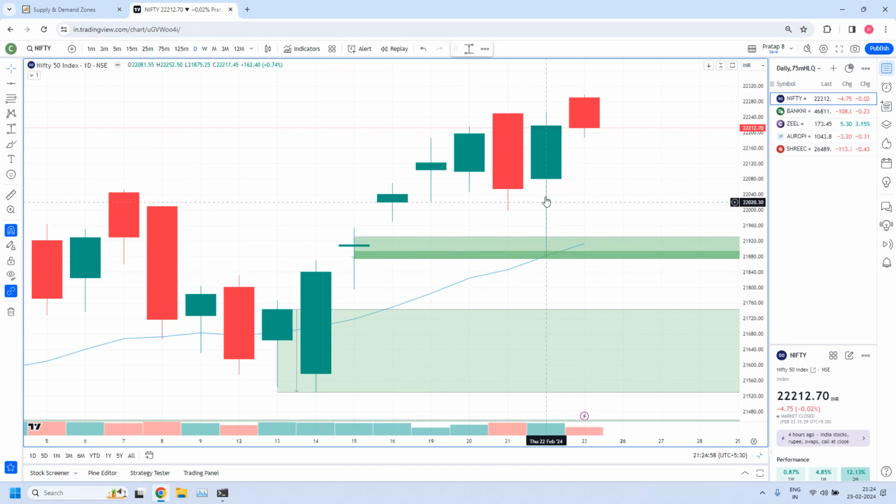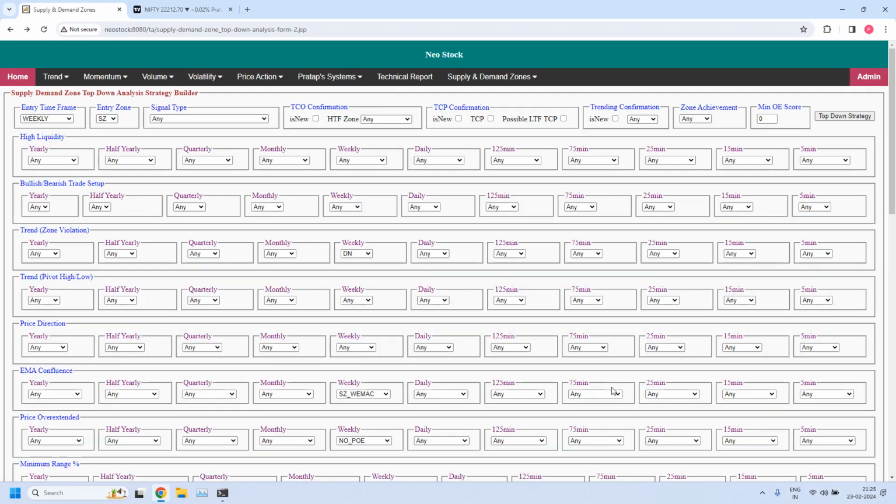Exactly, see how it moved the price and gave excellent profit. Just one futures lot, you got around 10,500 or 12,500 rupees profit. That is amazing profit, especially from the Nifty point of view. Okay, this is about stocks filtered based on our EMA strategy.